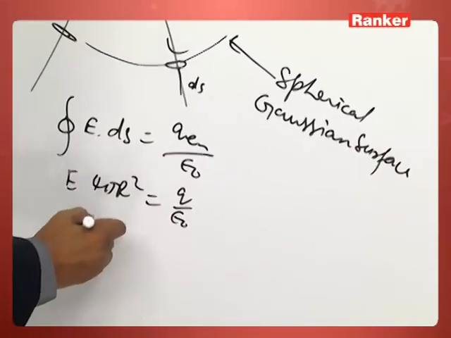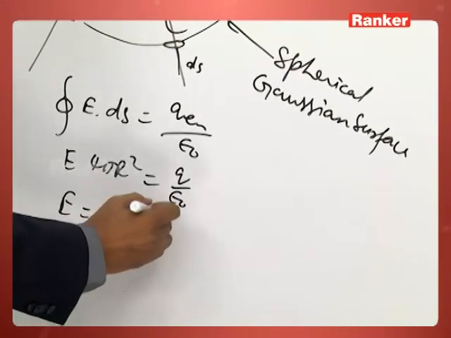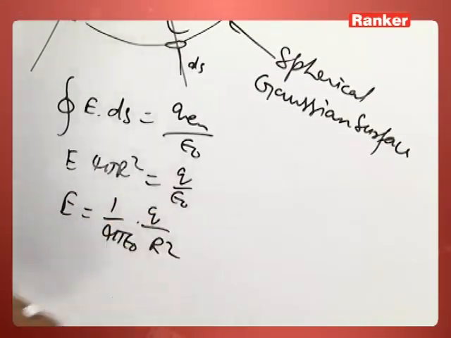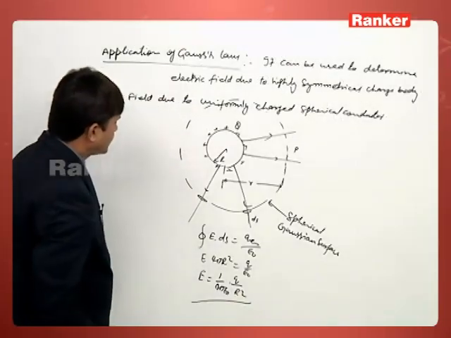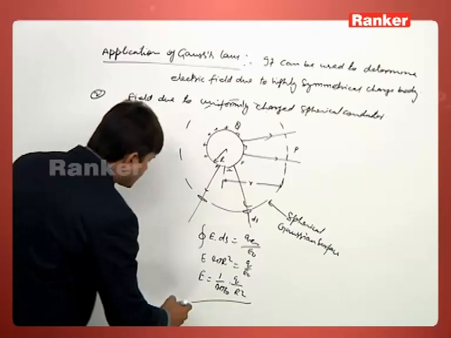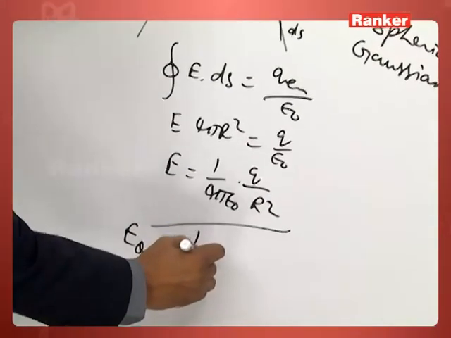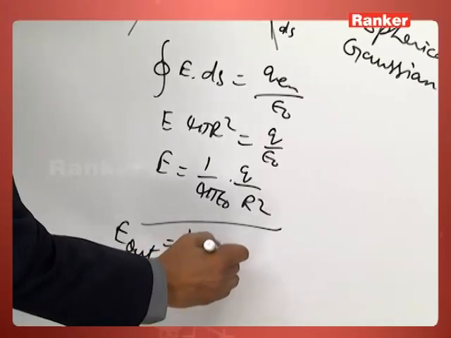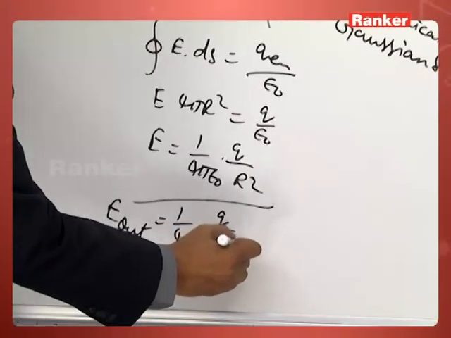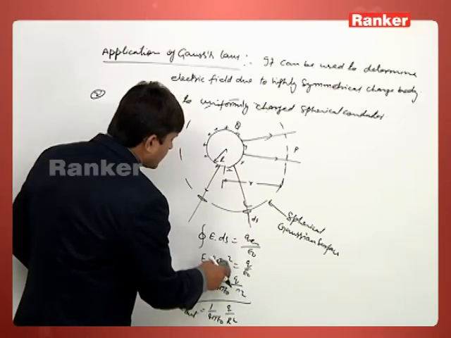So E is equal to 1 by 4 pi epsilon naught q by r square. Since our point P is an outside point, the outside point electric field is given as 1 by 4 pi epsilon naught q by r square.